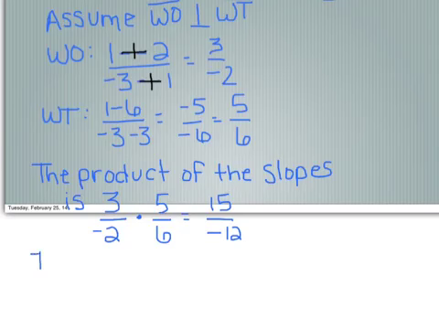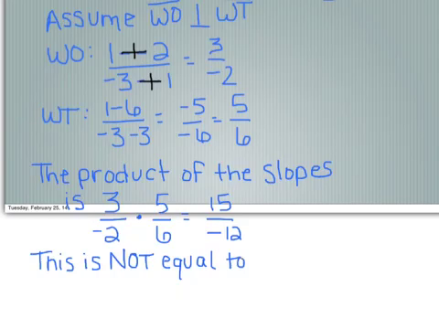And then I would say this is not equal to negative 1. Okay, there's your contradiction right there. That the product is not negative 1, therefore the lines are not perpendicular.